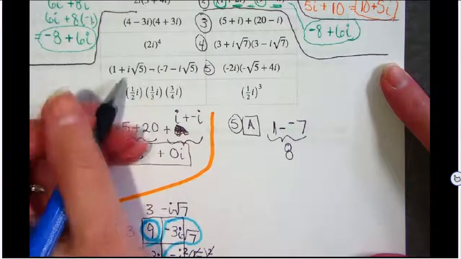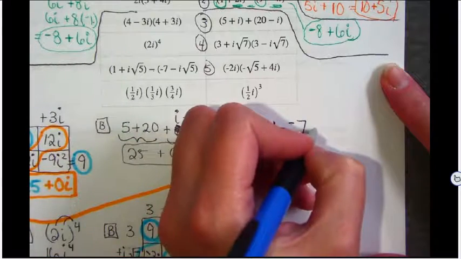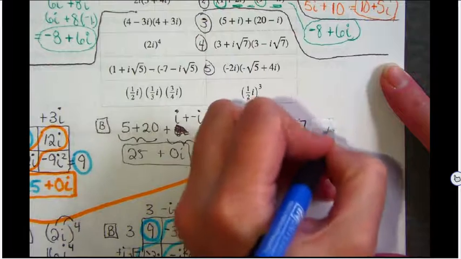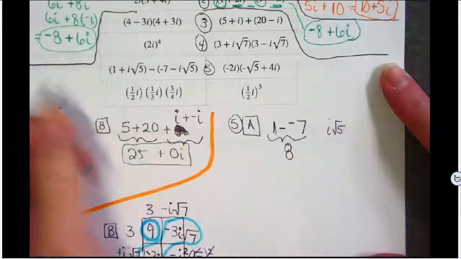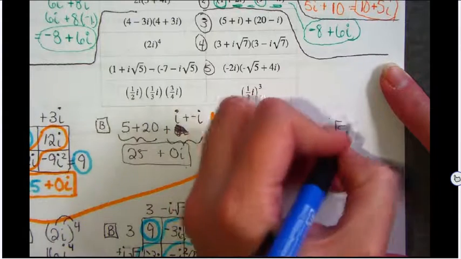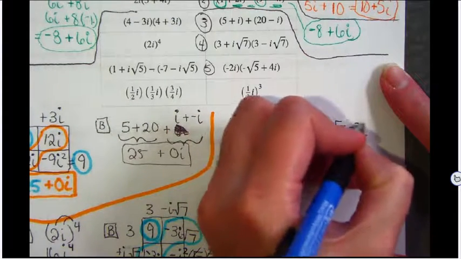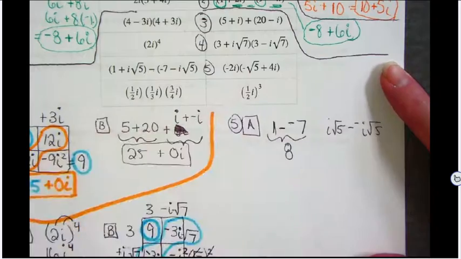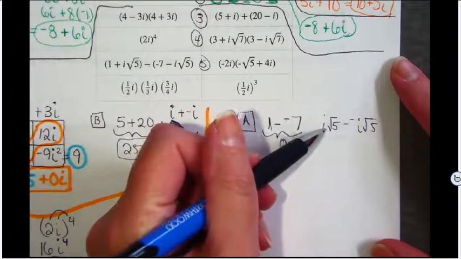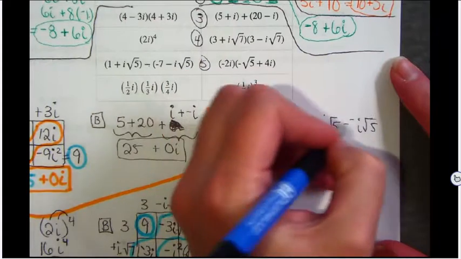My imaginary parts, I have 5 square root i minus i square root 5. Well, I have an i square root 5, and minus builds a positive.